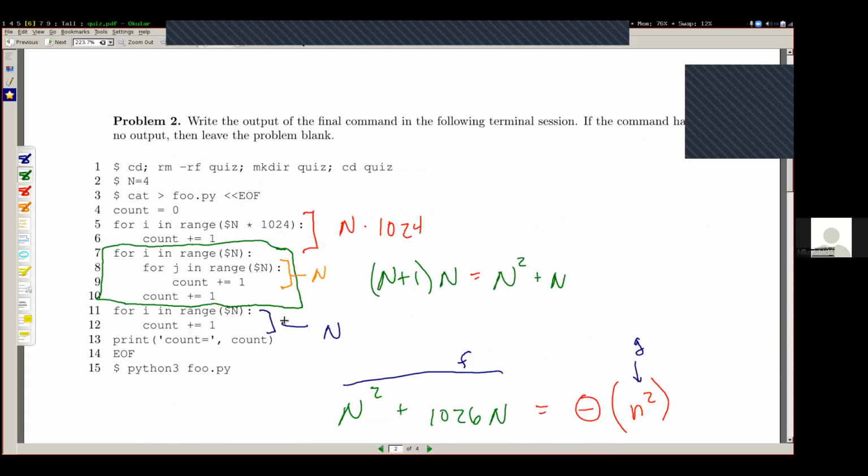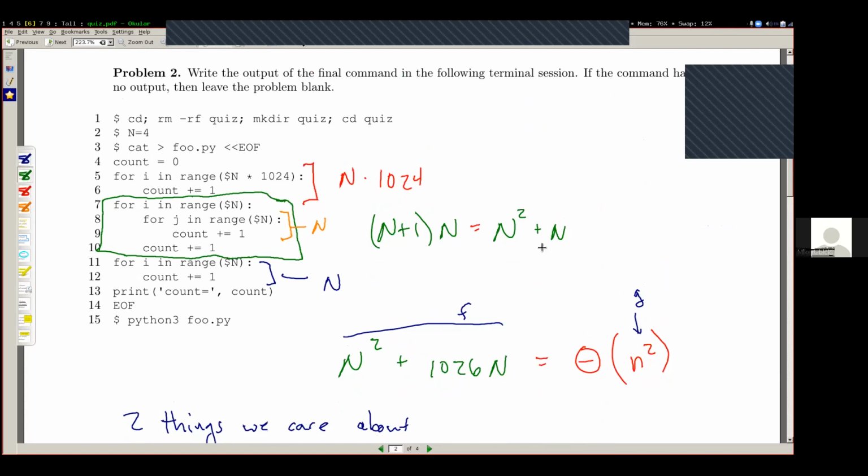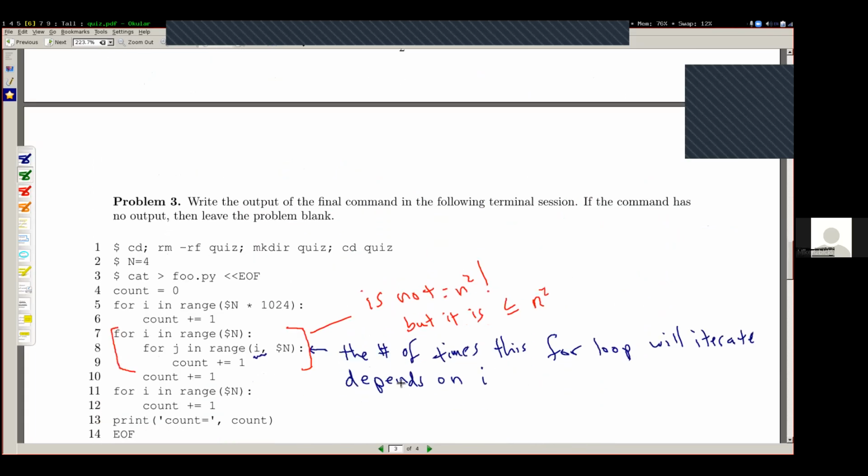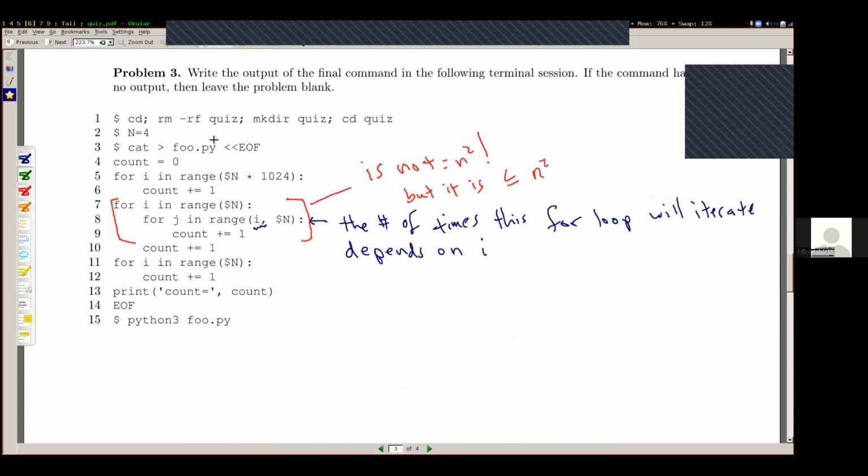everything's going to be exactly the same up here. But instead of saying that f is exactly this thing right here, this is only an upper bound that I have on what the size of count will be. My n squared plus 1026 n is no longer exact.